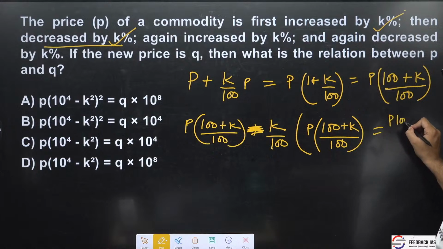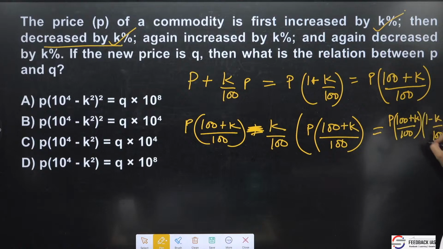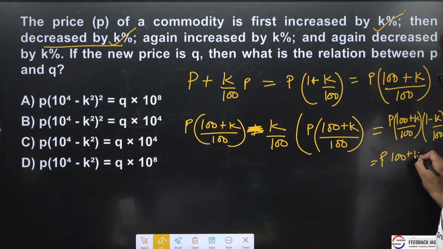P times (100 plus K) divided by 100, and then 1 minus K by 100. So we can write it as P times (100 plus K) divided by 100 times (100 minus K) divided by 100.